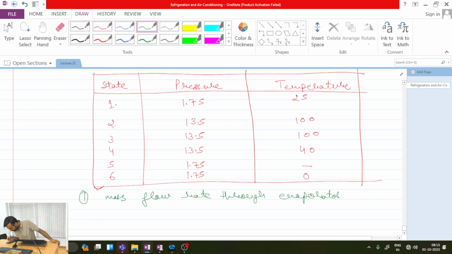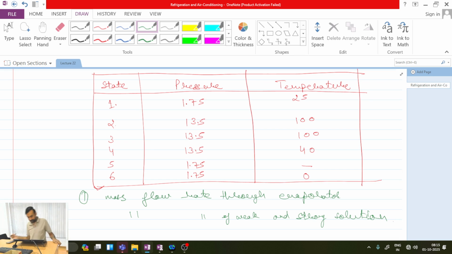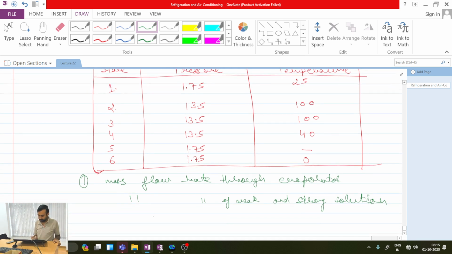Then mass flow rate of weak and strong solution. And these we need to calculate if my refrigeration capacity is 1 ton of refrigeration. So refrigeration effect is given equal to 1 TR, 1 ton of refrigeration.